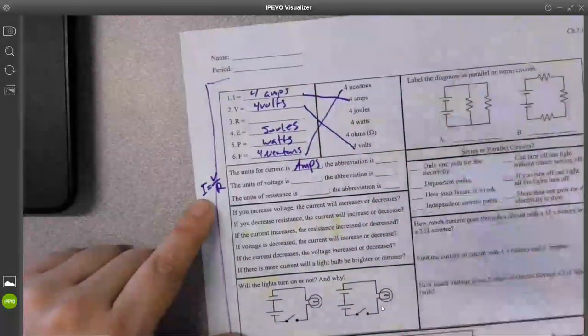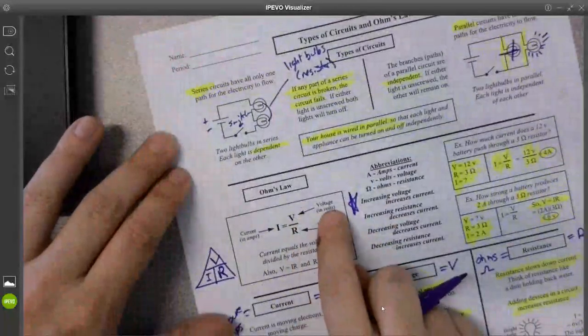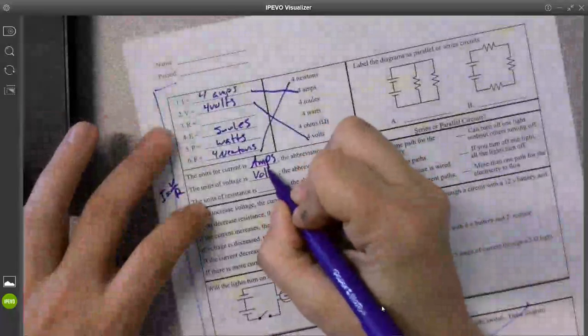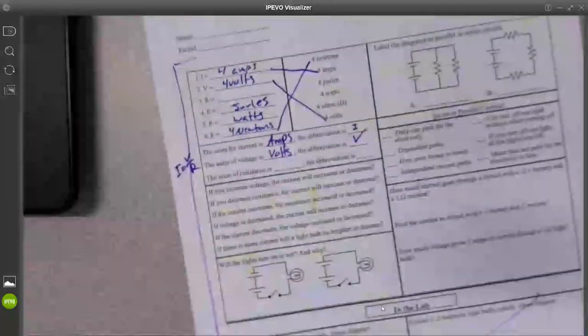The abbreviation for current is I. The units for voltage, right here, volts, abbreviation V. So you're just kind of going in and filling in the blanks.